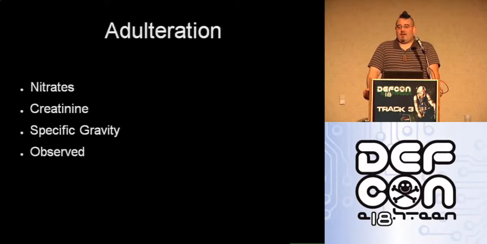Now, specific gravity, for those who don't know what that is: the specific gravity of pure water is 1.00000. But water is almost never pure, so it always has a specific gravity that's a little bit higher, like 1.0004, which would be considered pure water.